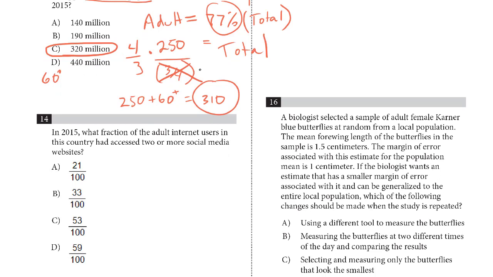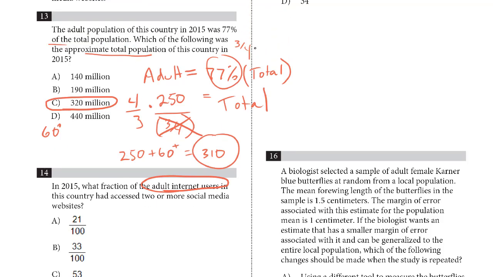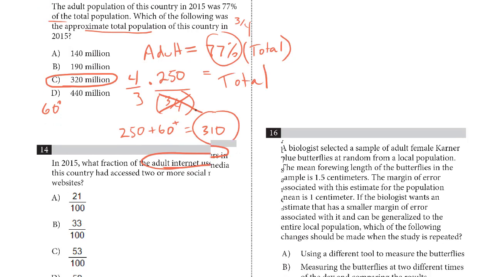Number 14, what fraction of the adult internet users in this country had access two or more times? Okay, so this is a conditional probability problem. Our denominator is not the full adults, it's the adult internet users, which is that 160 million number. And the two or more access number was our conditional number of 52.8.